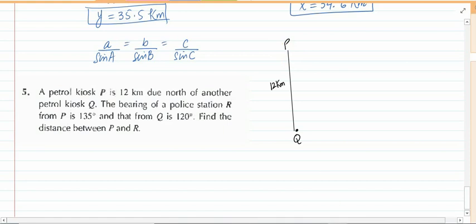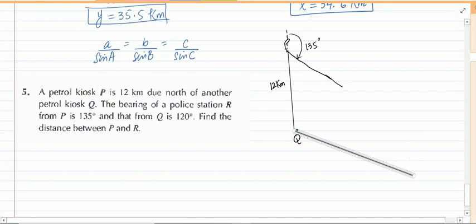So if I am going to plot it, it says from P it's 135, that means from the north of P this angle is 135, right? And from Q it's 120. Now from Q it's 120 means it's, sorry, not like this. From Q it's 120 means it's like this, right?